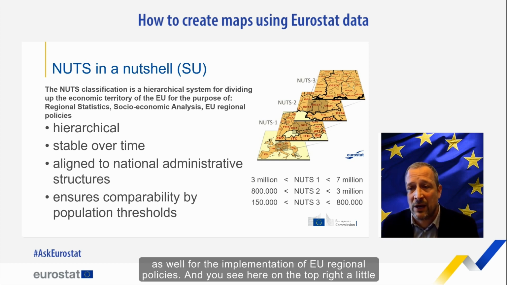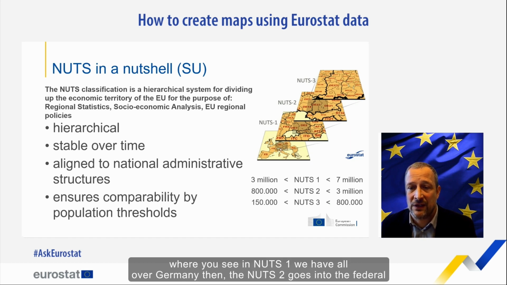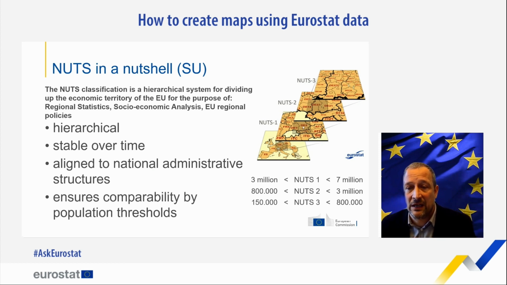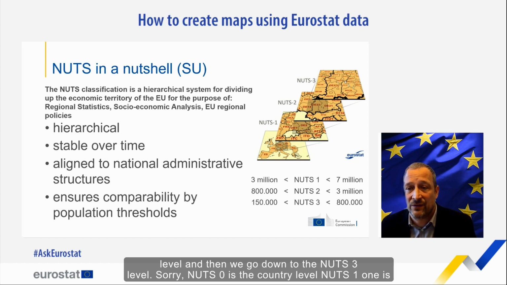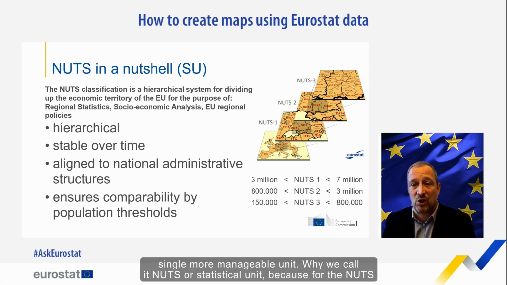And you see here on the top right a little example of how this is hierarchically classified. For example, from Germany: NUTS 0 is the country level, NUTS 1 is already the federal Bundesländer, and then NUTS 2 and NUTS 3 go down, really down to a single more manageable unit.